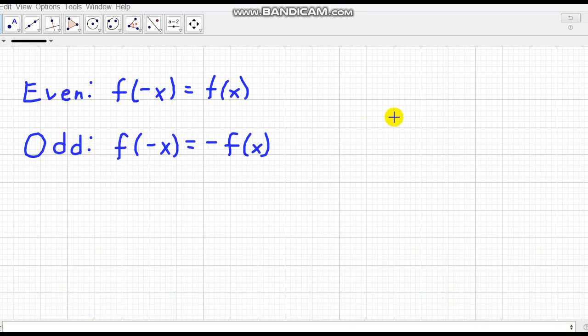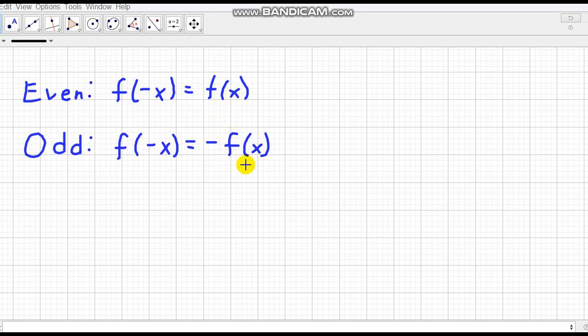This means that if we're given a function, and we change all the x's to negative x's, if the function didn't change, then it is even. However, if the function becomes negative, this means that all the terms from the original function have been changed, meaning the positive becomes negative and the negative becomes positive, then it is an odd function.